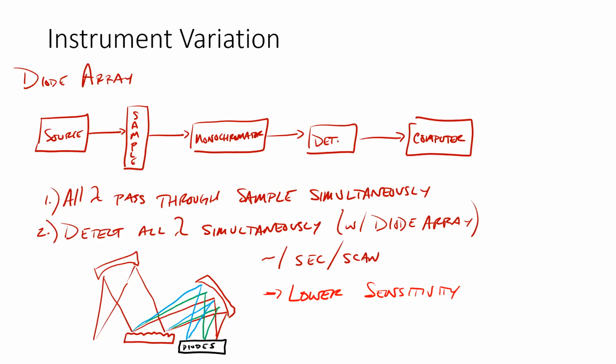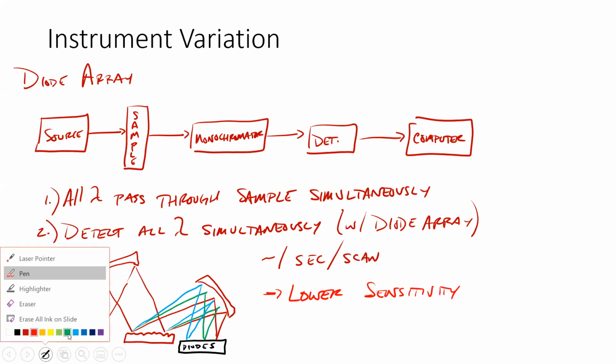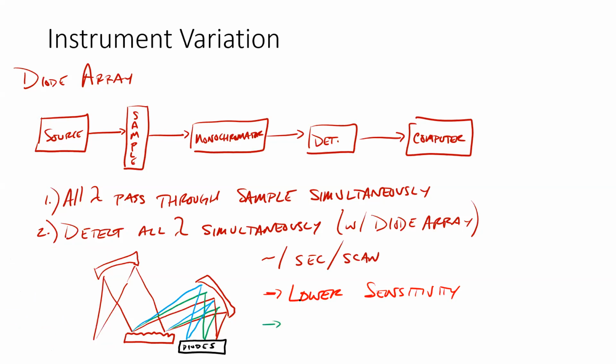But that is changing, of course, as electronics improve. And so lower sensitivity, but much faster. Much faster, because you don't have to rotate your grating, right? Your grating is fixed because it's just shining on that diode all the time. And so there's fewer moving parts. So it tends to also be cheaper.